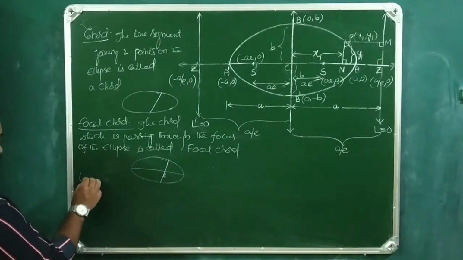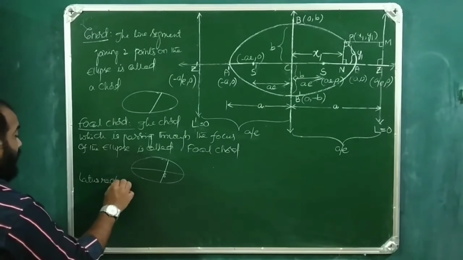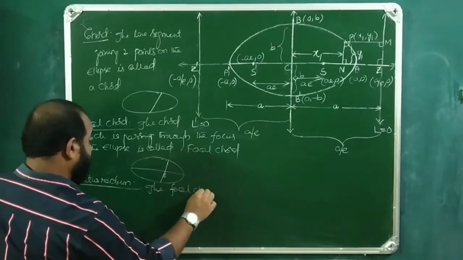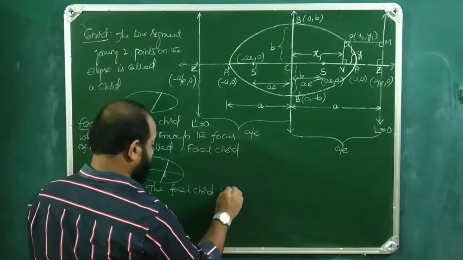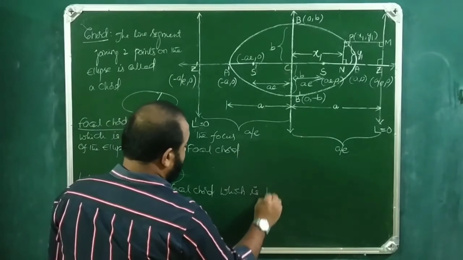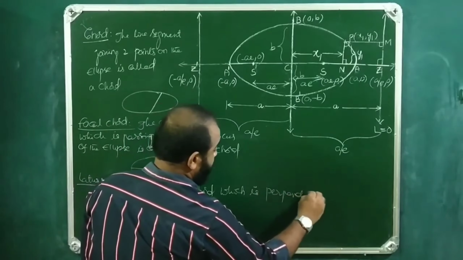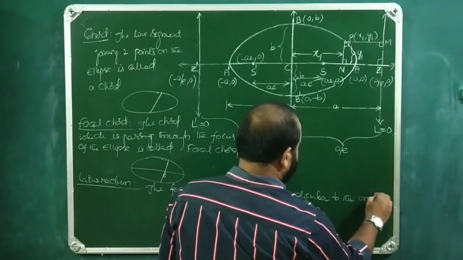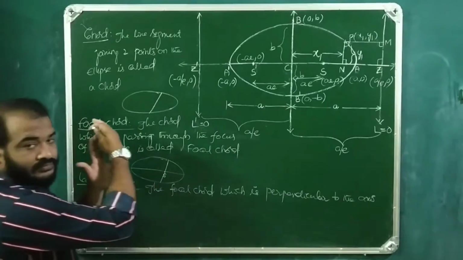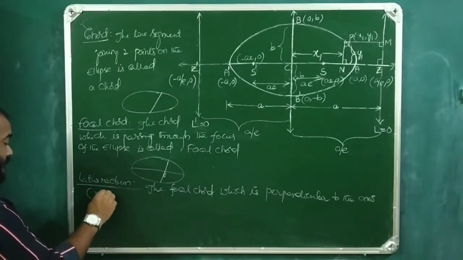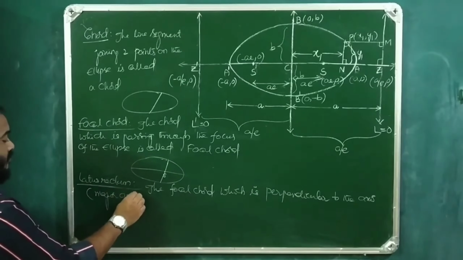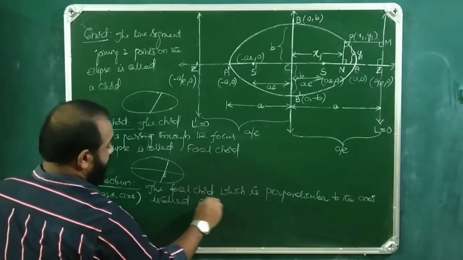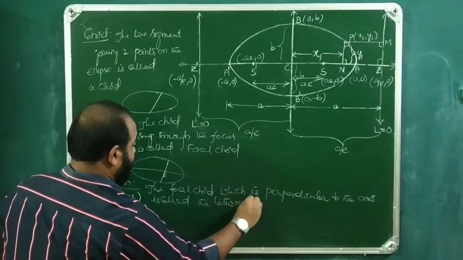And now, latus rectum. The focal chord which is perpendicular to the axis, the major axis, is called the latus rectum.